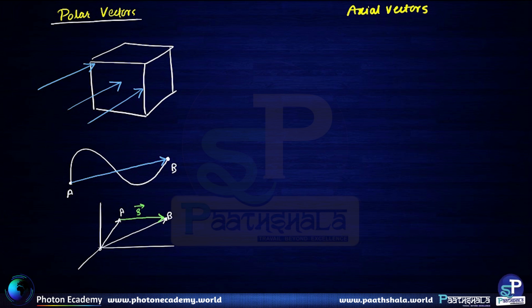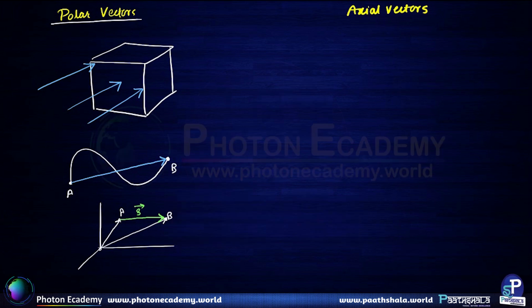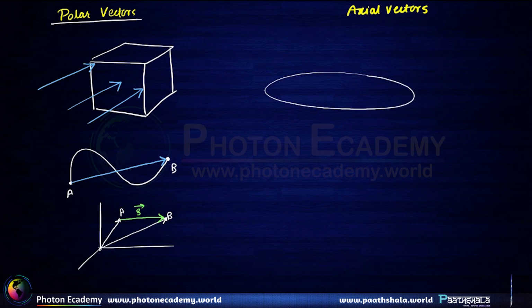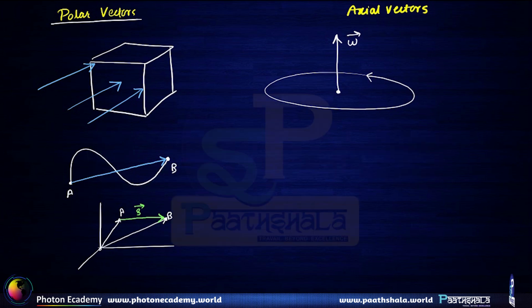Now axial vectors. Sometimes we get quantities that point along an axis. For example, consider a particle undergoing circular motion. There is this quantity omega bar defined that is along the axis. This omega bar, the angular velocity of the particle, is defined as per the right hand thumb rule.